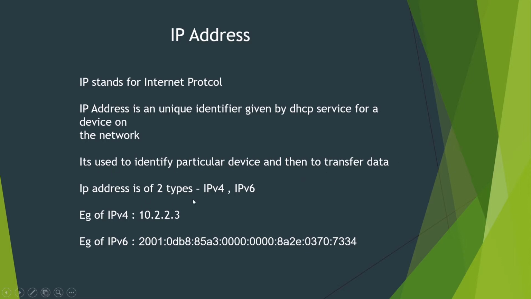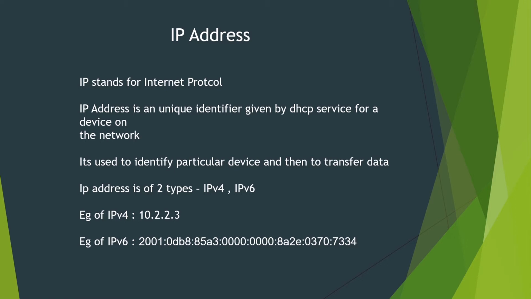And IP addresses are of two types, guys: IP version 4 and IP version 6. IP version 4 is a 32-bit binary number, and IP version 6 is a 128-bit hexadecimal number. The reason these exist is that first there was IP version 4, and the addresses were being consumed by every device connected to the network.